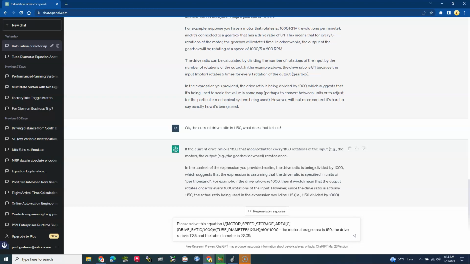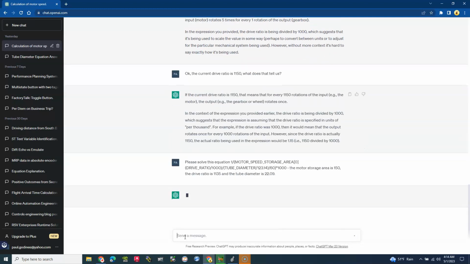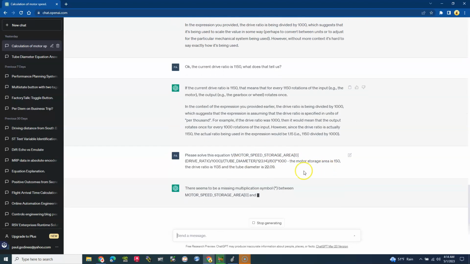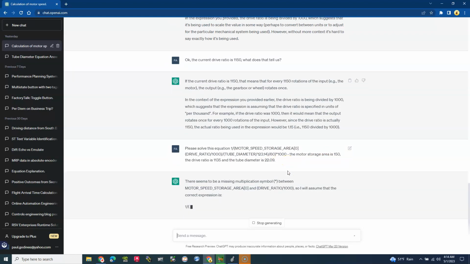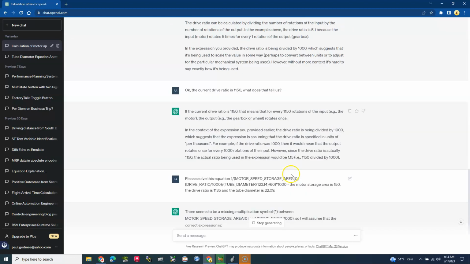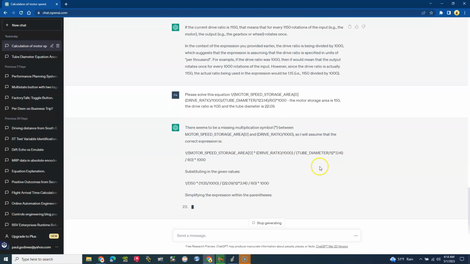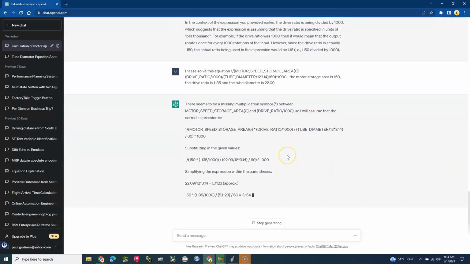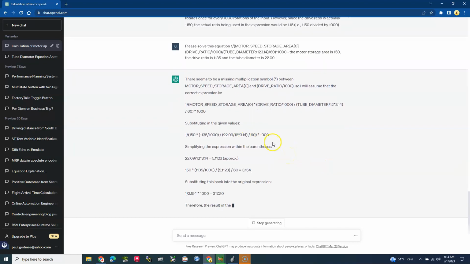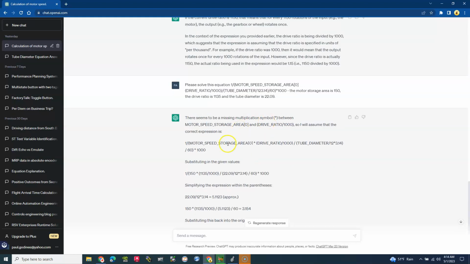Okay, so I've asked it to solve the entire equation with all of the information, and we're going to let it do it. We pretty much have the answer, but this will give us a start to finish solution, and then we'll have all of our information. Motor storage area is the speed.